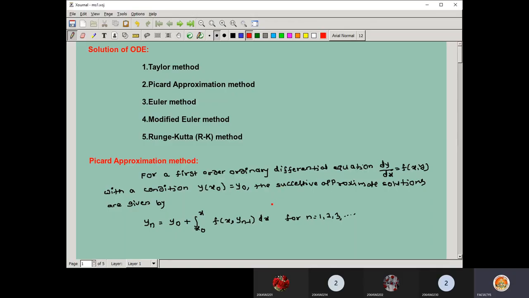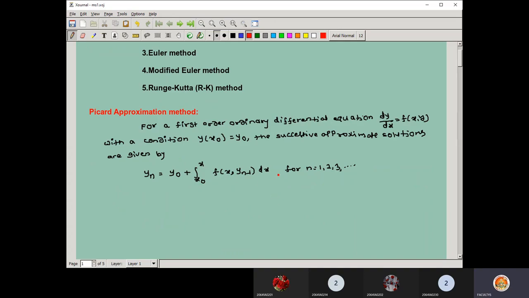So just you note down Picard approximation method and write down the formula here.